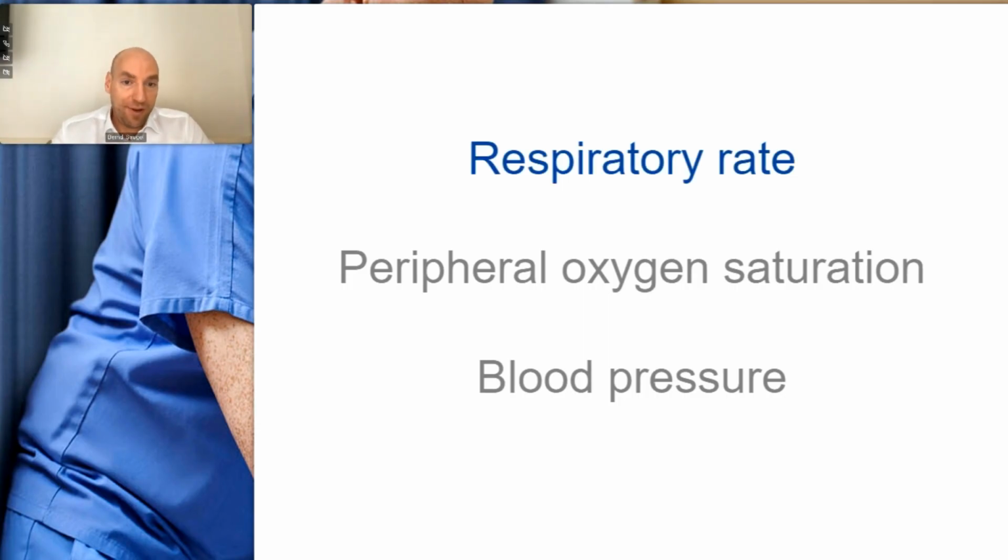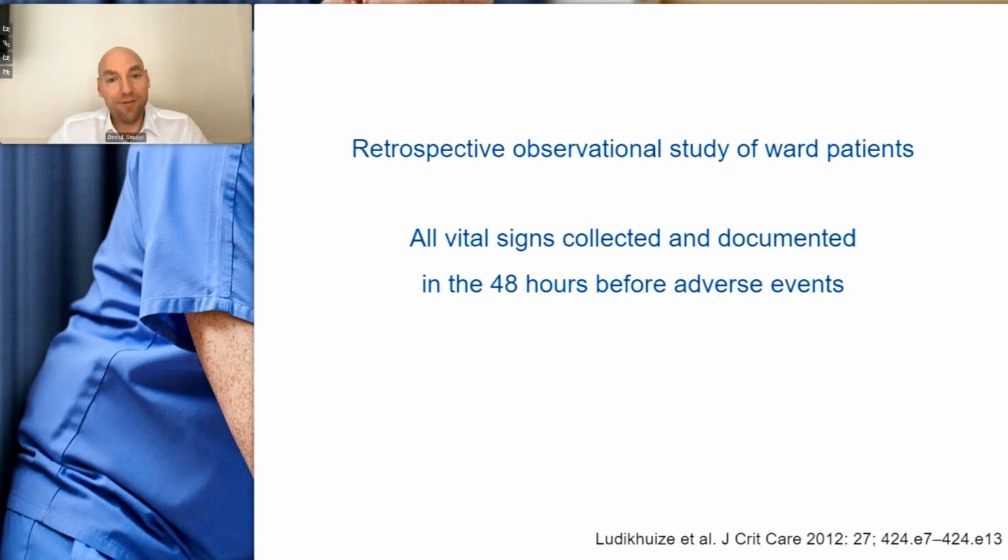If we speak about respiratory rate, we can look at retrospective observational studies of patients who were treated on general care wards. Those were patients who had an adverse event. This study looked at all vital signs that were collected and documented in the 48 hours before the adverse event, just to see how often those vital signs were checked, whether they were abnormal or normal, and whether they could have predicted the adverse event.